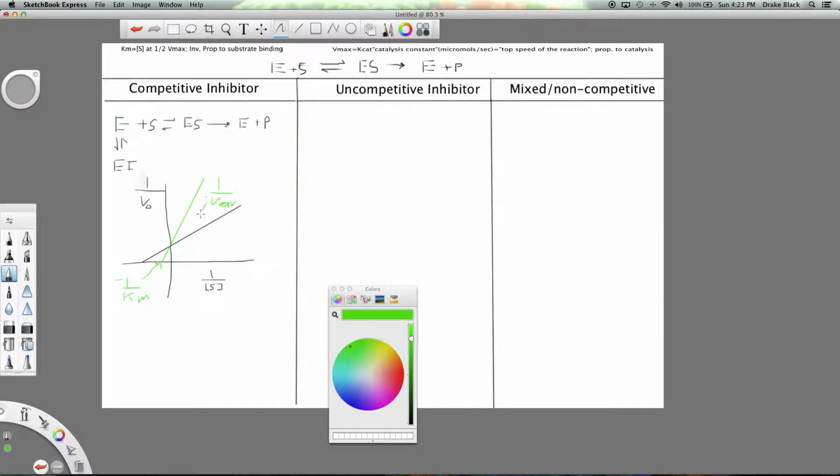Okay, anyway, is that value right there. Another way to look at this is you can say that it prevents the substrate from binding. That's what a competitive inhibitor does.